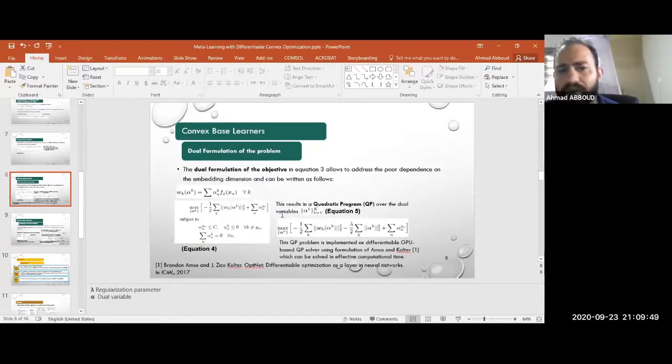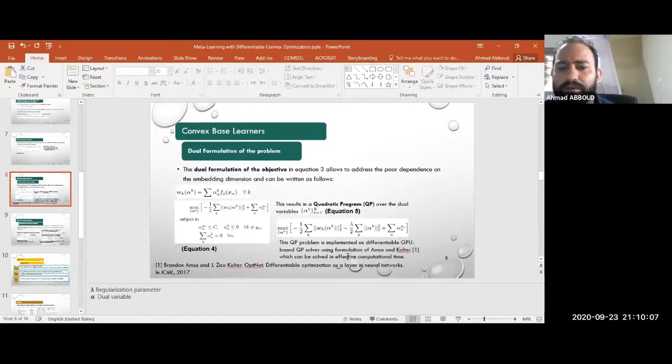And here they transform the problem into a quadratic program, QP, which has already been implemented by this reference. And there is an implementation of a differentiable GPU-based quadratic problem solver.